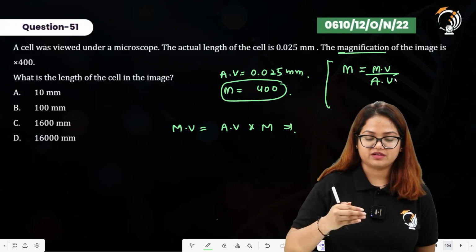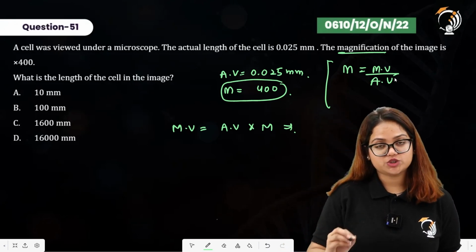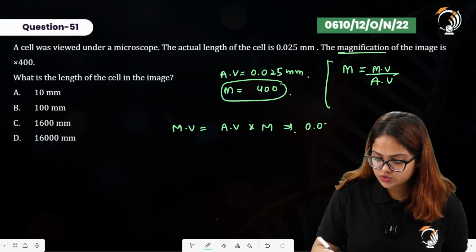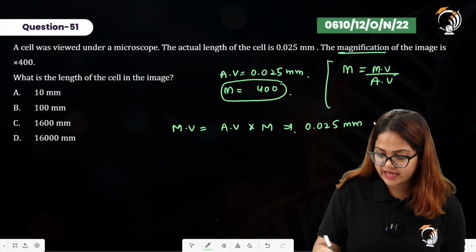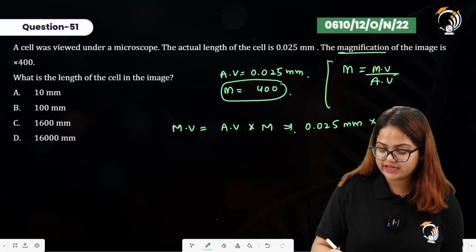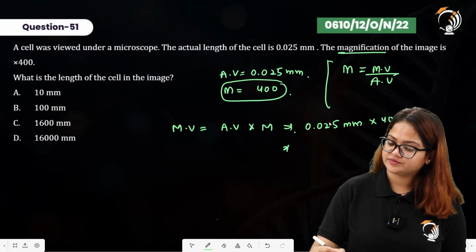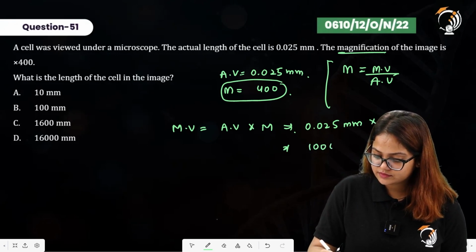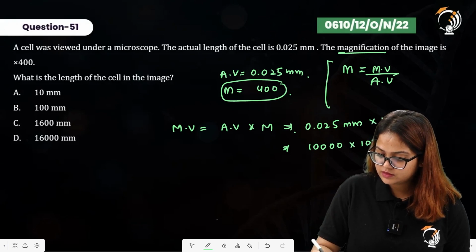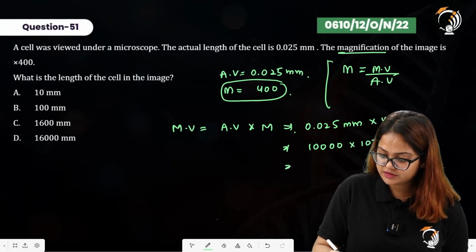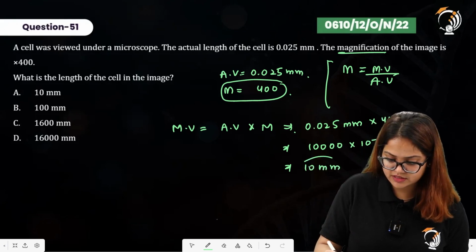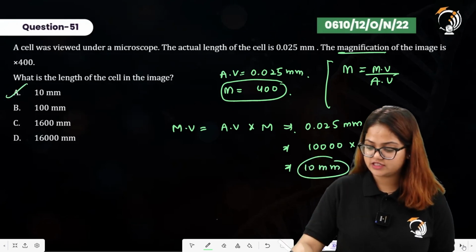It gives the magnified value equals actual value into magnification. We have 0.025 millimeter and magnification is 400 times. So this comes out to 10 millimeter, which is the right answer. Option A is the correct one.